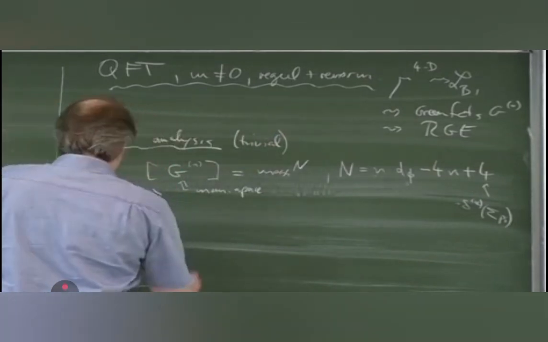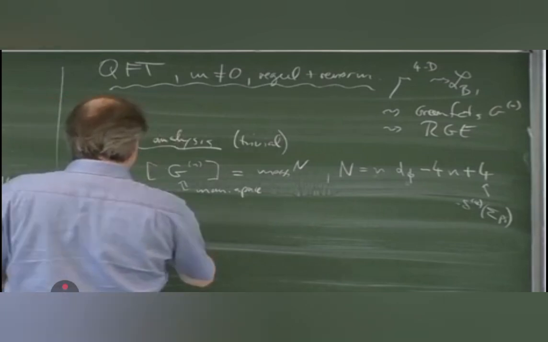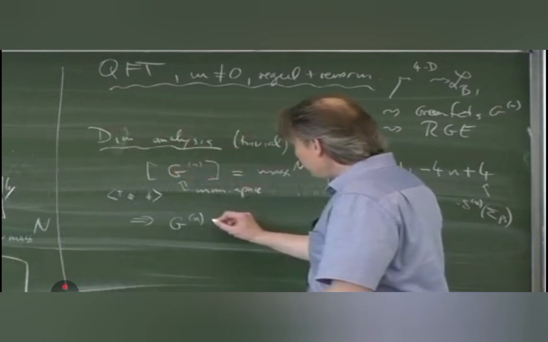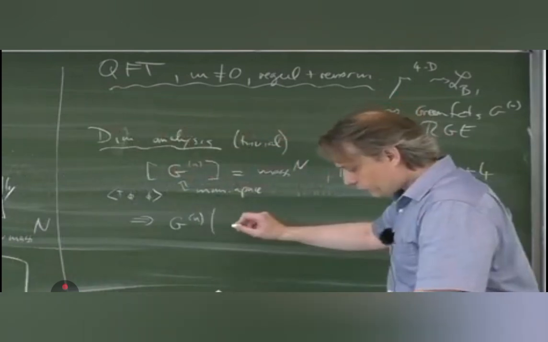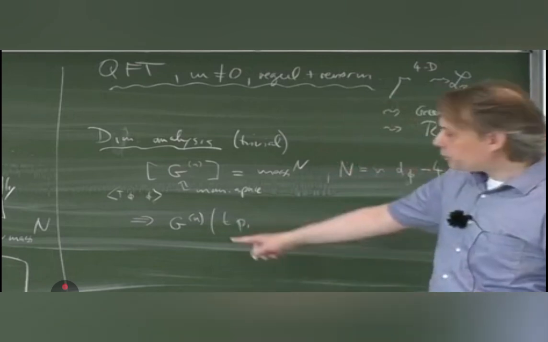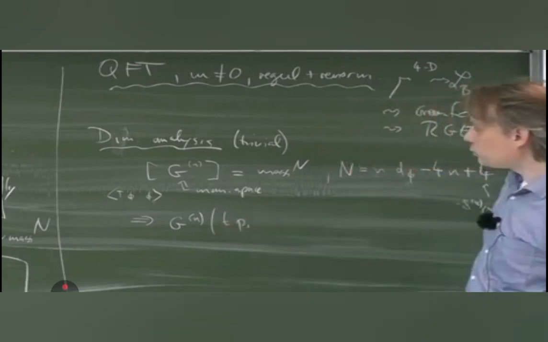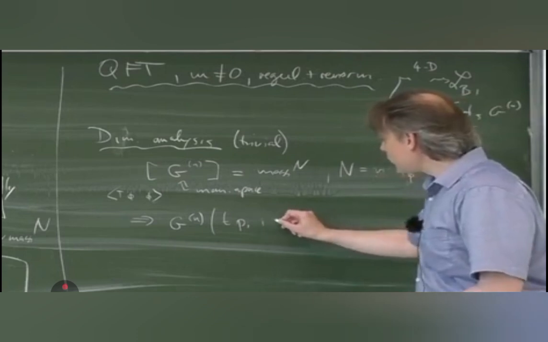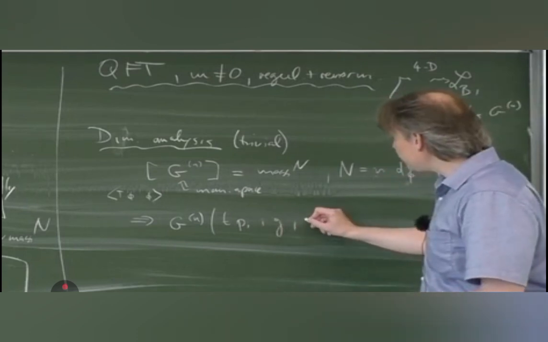So for that, we know immediately that the statement will be the following. The Green function has the following scaling behavior. Now we need to take into account that it depends on the momenta and on all the variables that we had considered before.